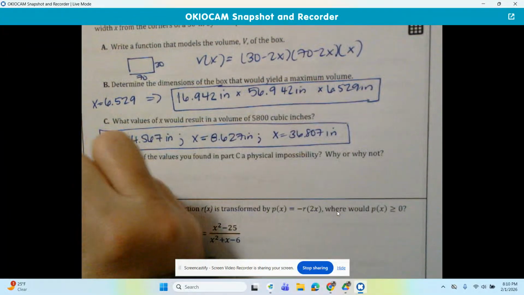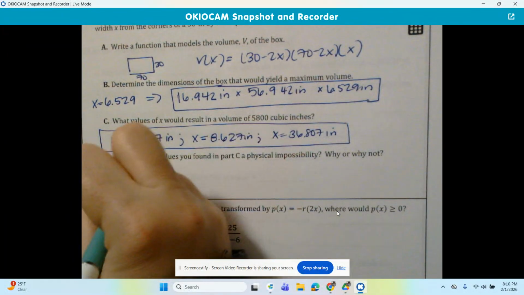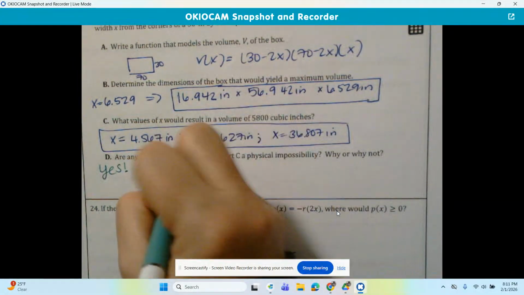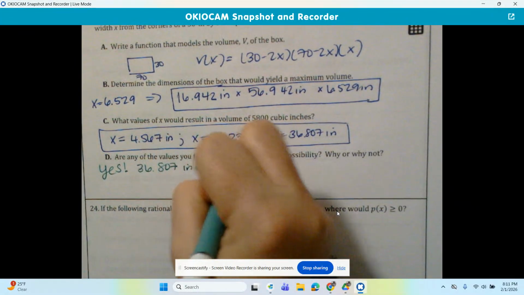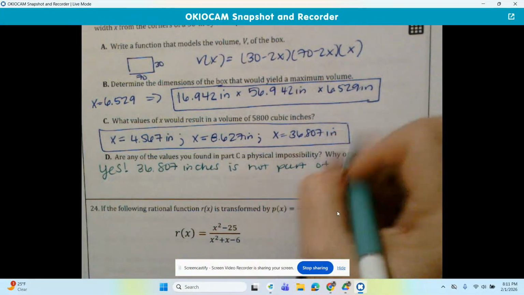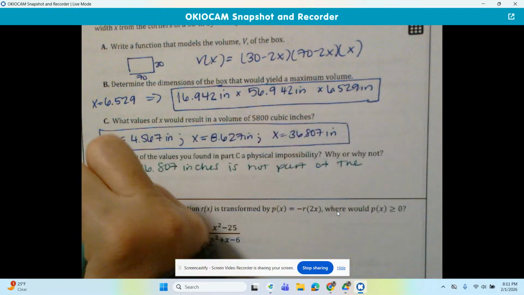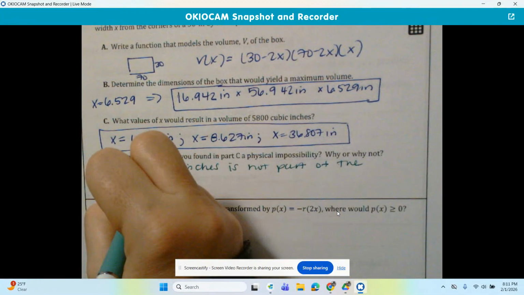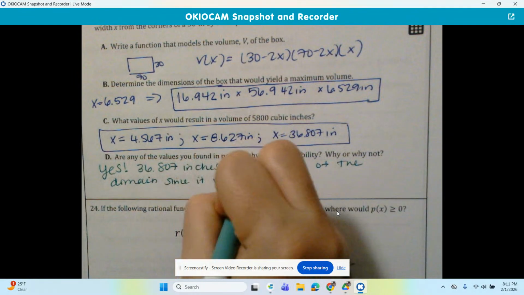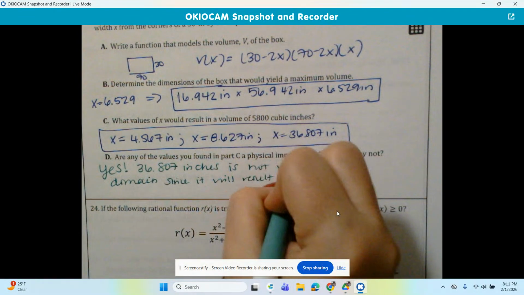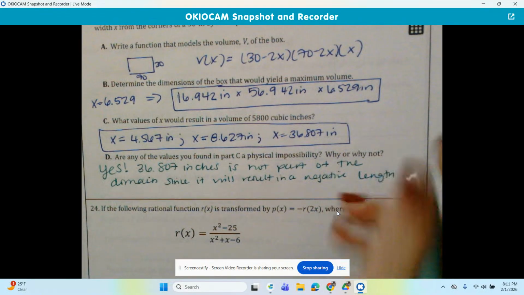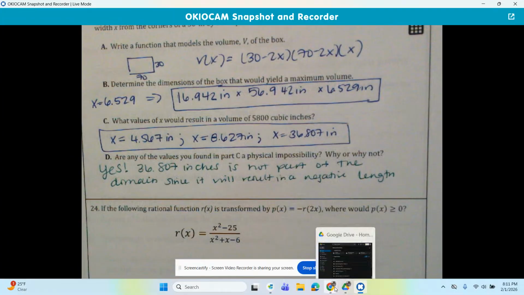So yes, 36.807 is not part of the domain, since it would result in a negative length. Okay.